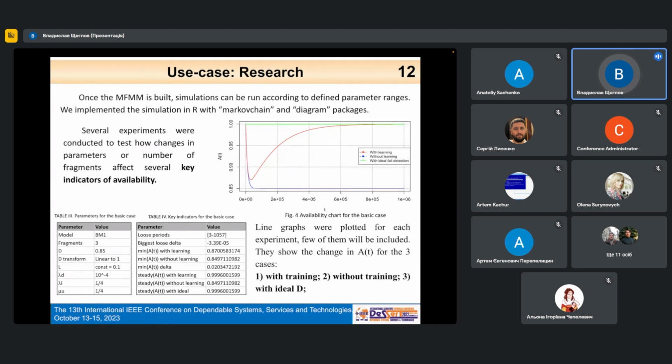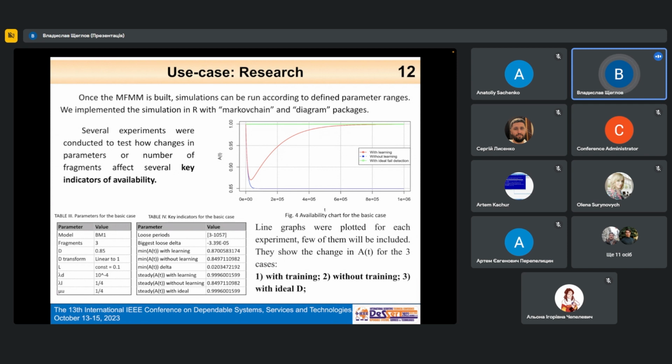First of all, we need to understand where we can simulate our models. We used the R language with Markov chain and diagram packages to model Markov chain models and visualize them. Several experiments were conducted to test how changes in different parameters affect key indicators.